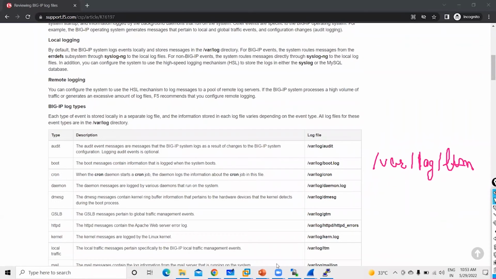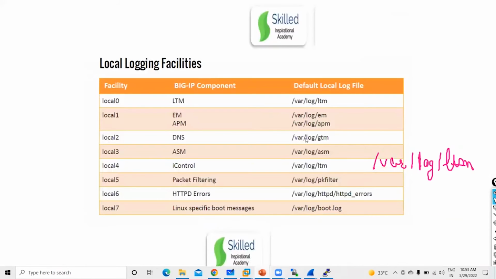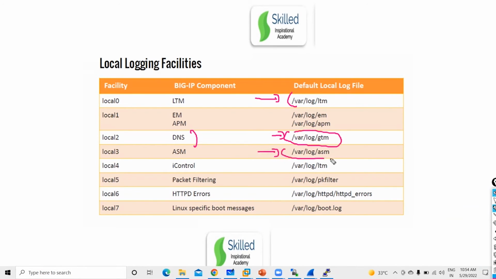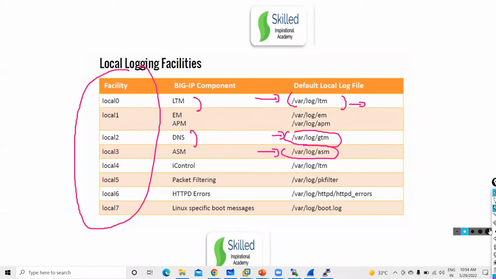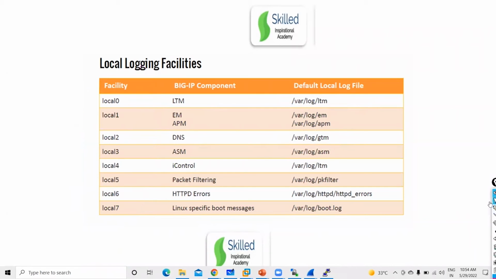Now, if I want to see, you can just refer to that. See, LTM related logs will be stored here. If you want to see GTM related logs, that are stored here. If you want to see ASM related logs, it is here. So they are divided into facilities. Don't need to cram it, guys. Just need to see which component stores. So this file you just need to remember. That's it. If you want to take a snapshot, you can take a snapshot of this.